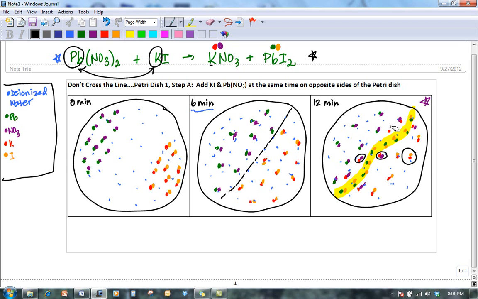So this is what your microstructure should look like for your Petri dish A, or step A in the lab.